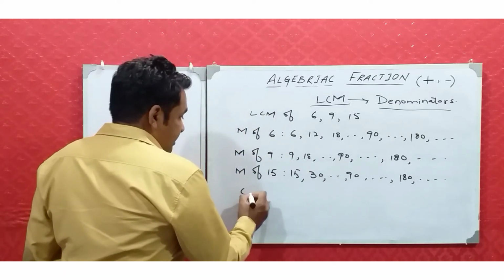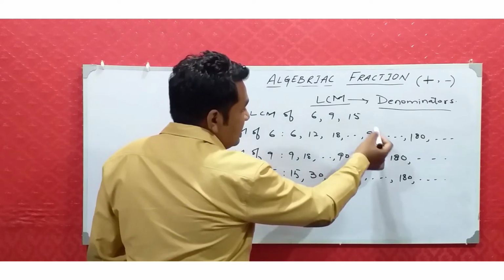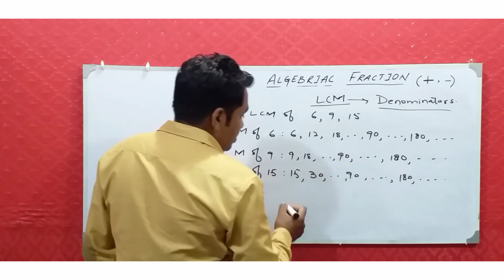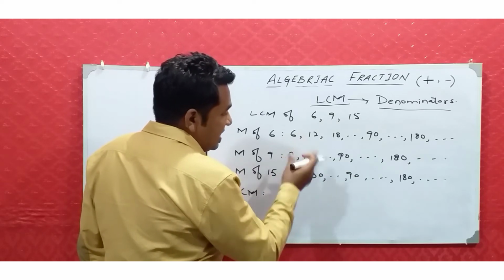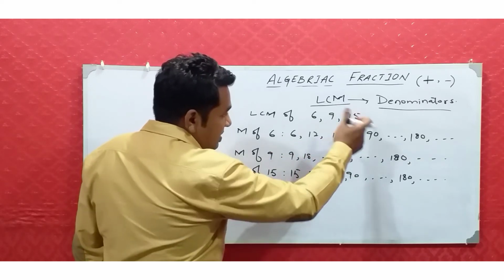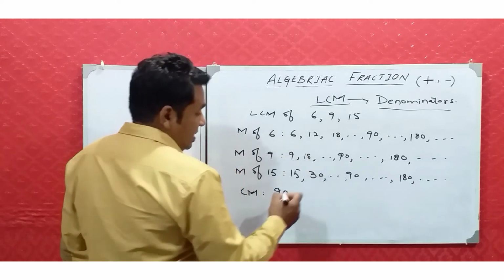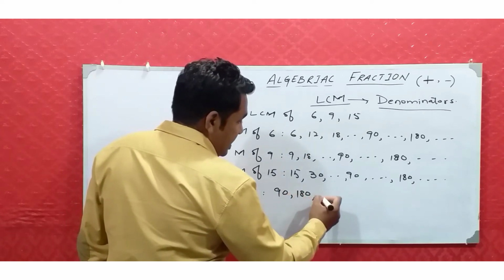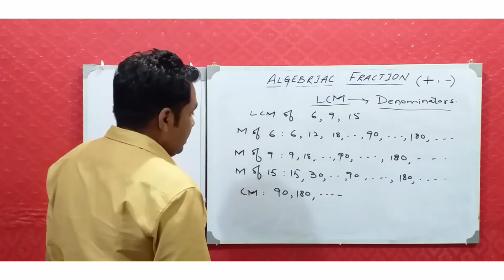First of all we check what the common multiples are. 90 is the first common multiple, because before 90 you don't get any common multiple. So here 90 is the first common multiple, then 180, then there are many more common multiples of 6, 9, and 15.